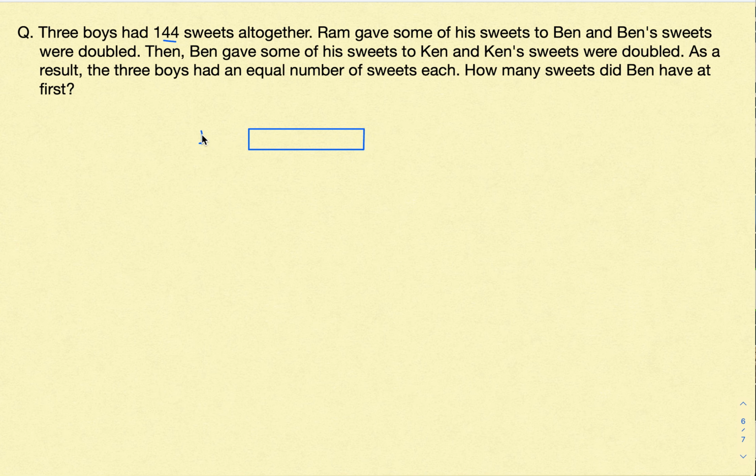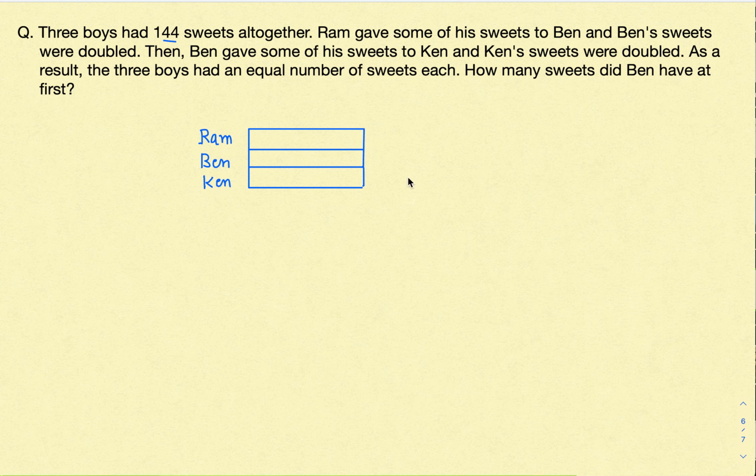So this is for Ram, and then the same amount we can show for Ben. So this is for Ben, and then obviously the same for Ken, because at the end all of them are having the same number of sweets. So this is for Ken.